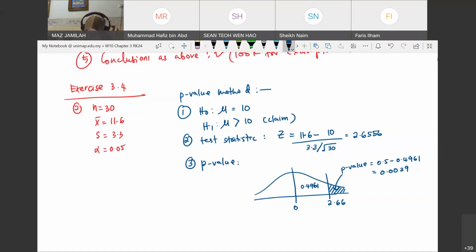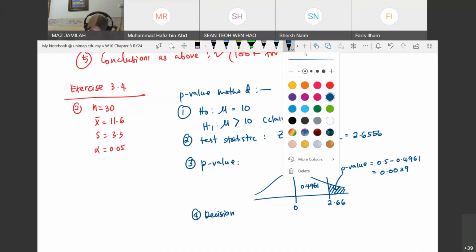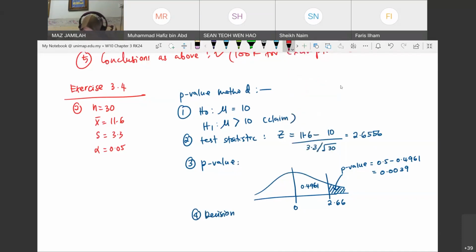Thank you. So, the fourth one, decision. If we imagine using the alpha, my alpha is 0.05, which is larger than the p-value, which means my rejection region is larger than my p-value. So I can imagine that my rejection region would be located like this.